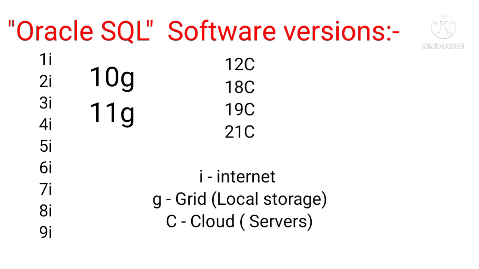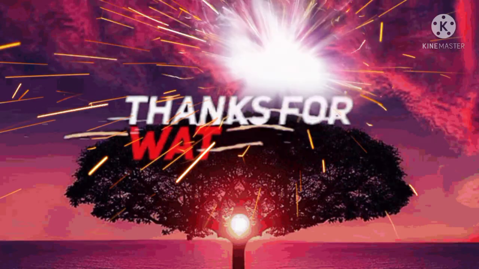Here i stands for internet, g stands for grid, meaning local storage, and c stands for cloud. Grid means local storage. The 11g version is a student version and it is open source. 21c is the advanced version of Oracle which is installed only in servers.